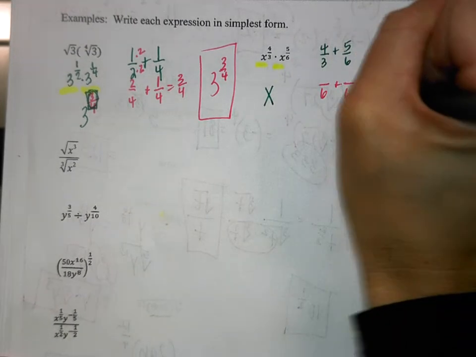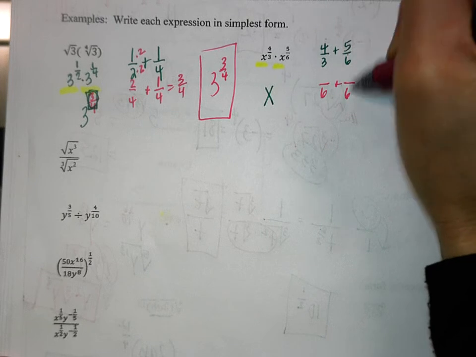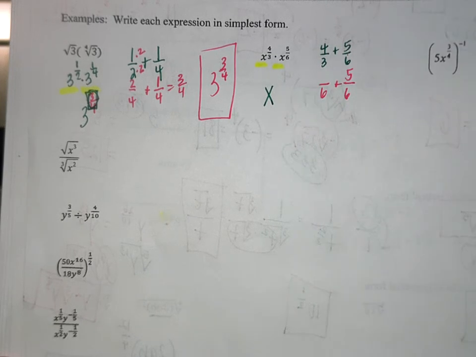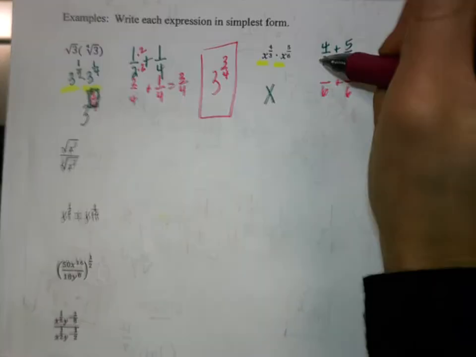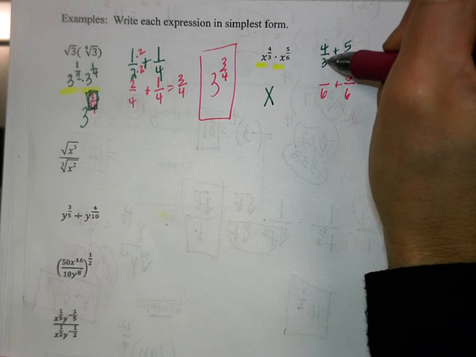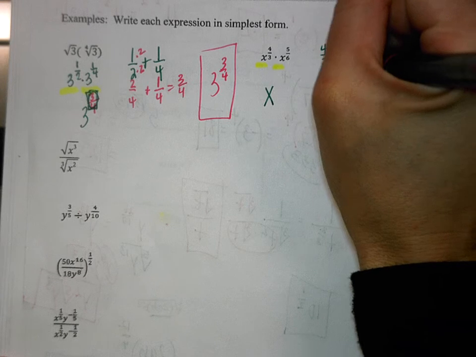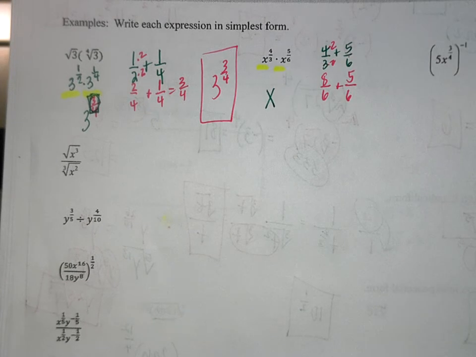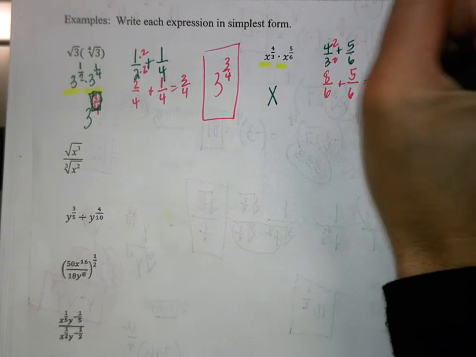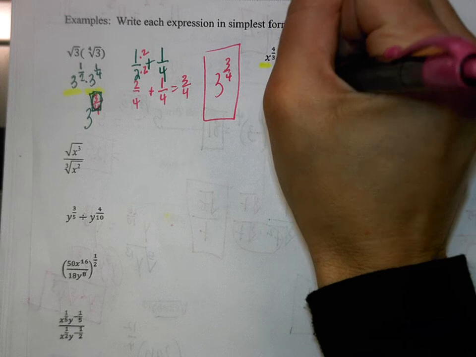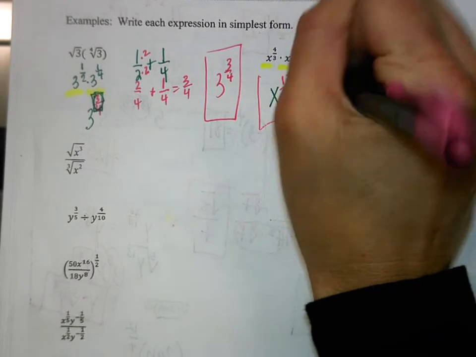This already has a denominator of 6, so we keep our numerator the same. This one, I want it to be a denominator of 6. What do I do to 3 to make it 6? And 4 times 2 is 8, and you add that together, and what do you get? Okay, and so that means my answer is x to the 13 over 6.